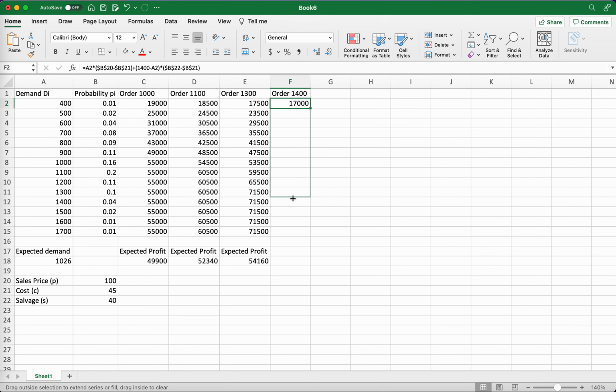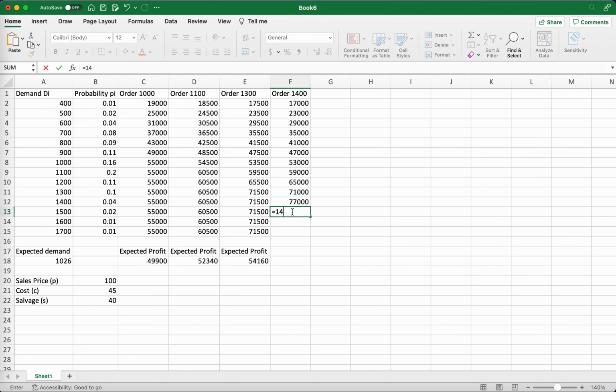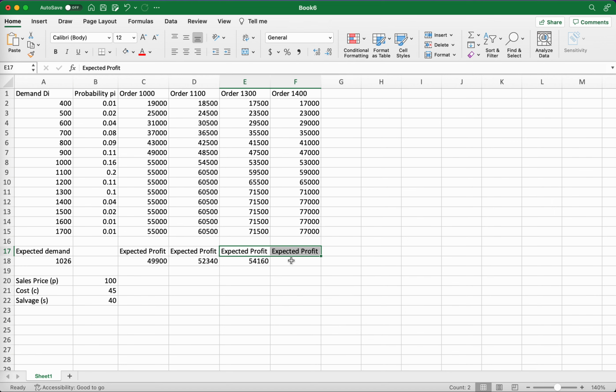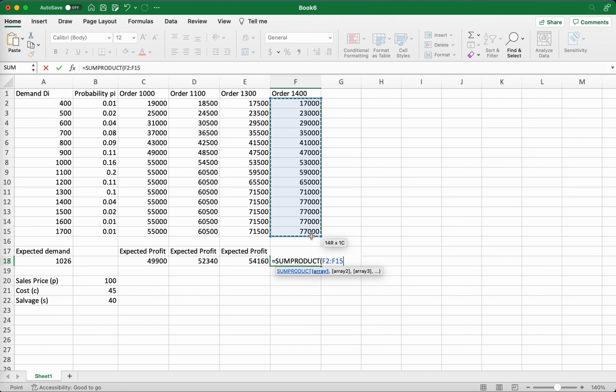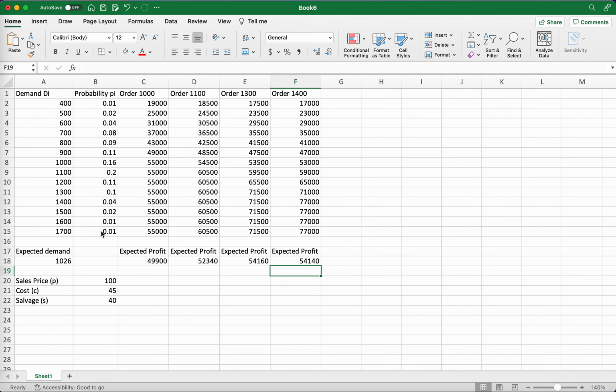So this will go all the way up to 1,400, and here we'll make 1,400 times the corresponding probability values, right? There you go.